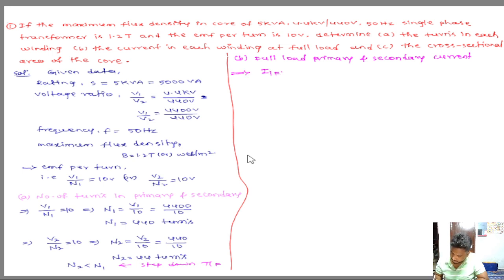I1 full load means the full load current in the primary. We need to calculate I1 full load.